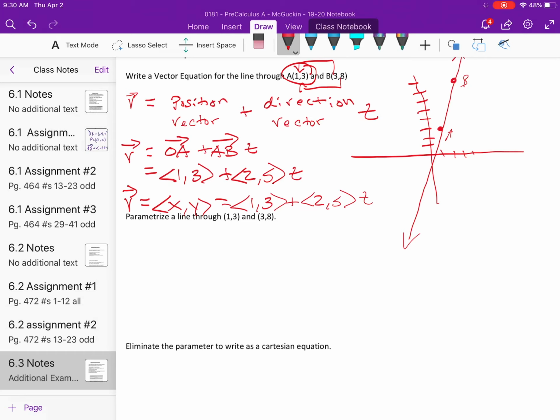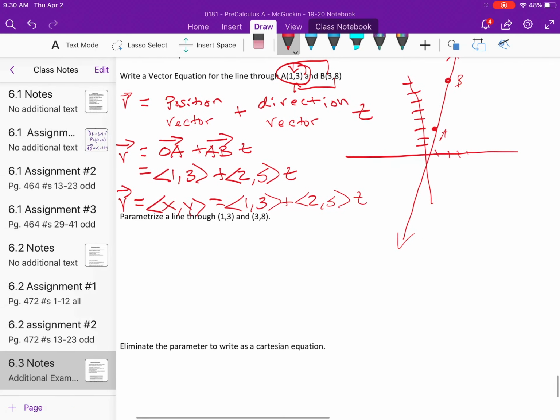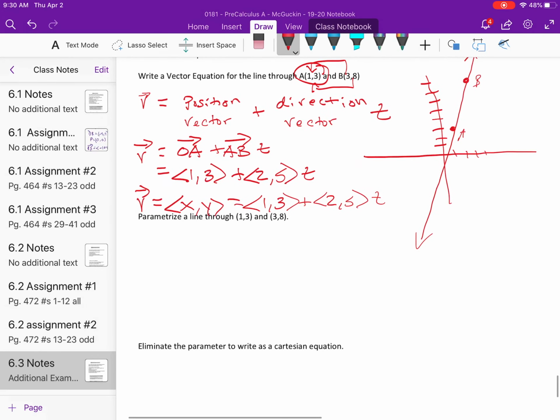Well, first and foremost, let's think about what we were trying to do by parameterizing a line. We are trying to find out what the actual x and y equations are going to be for the same scenario that we just posed. So let's take a look at what that could be. If I'm looking at my x equation, what is that x equation going to be?